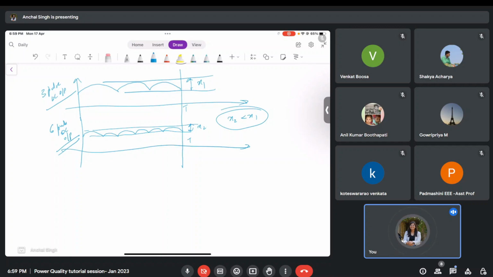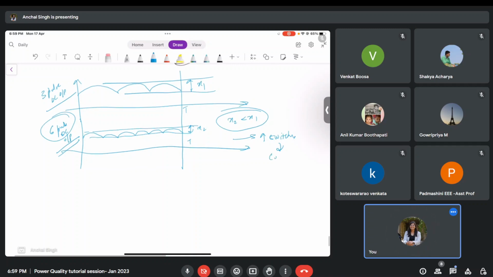But the other side to this is that when you go to a 6 pulse converter, you are increasing the number of switches. And when you increase the switches, you increase the gate driver circuits, you increase the PWM pulses, you increase the protection circuit, and then what goes up? Cost goes up. So if you want a cheaper cost, then you can compromise with the ripple in the DC output. If you want a very pure, beautiful DC, then you have to increase the number of switches and therefore the cost.